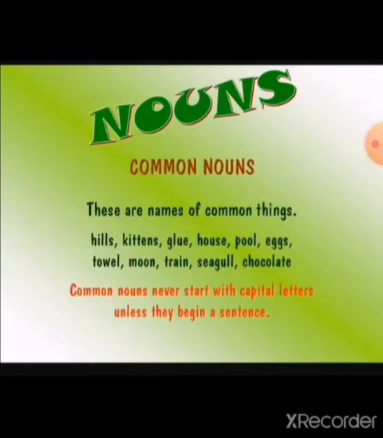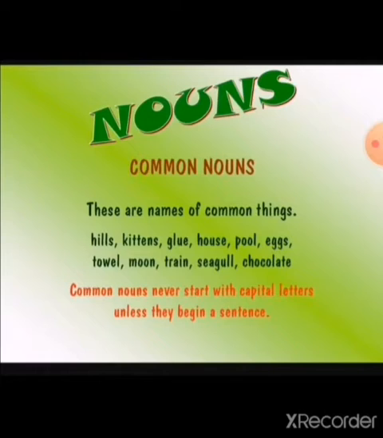These are common nouns that don't have a proper name. For example, for chocolate, if I say that it is a Dairy Milk chocolate, now when I'm saying Dairy Milk, I'm giving it a proper name. I'm talking about a special chocolate brand, that is Dairy Milk. So Dairy Milk is proper noun.